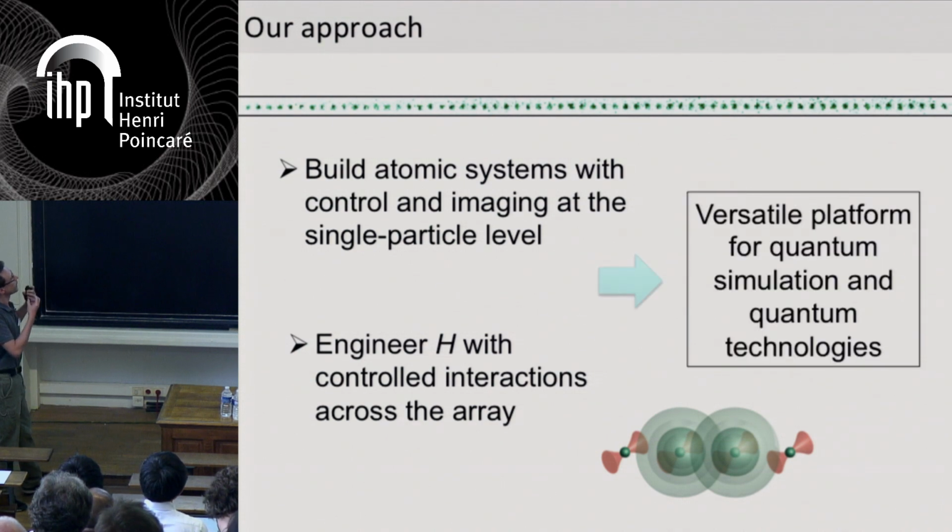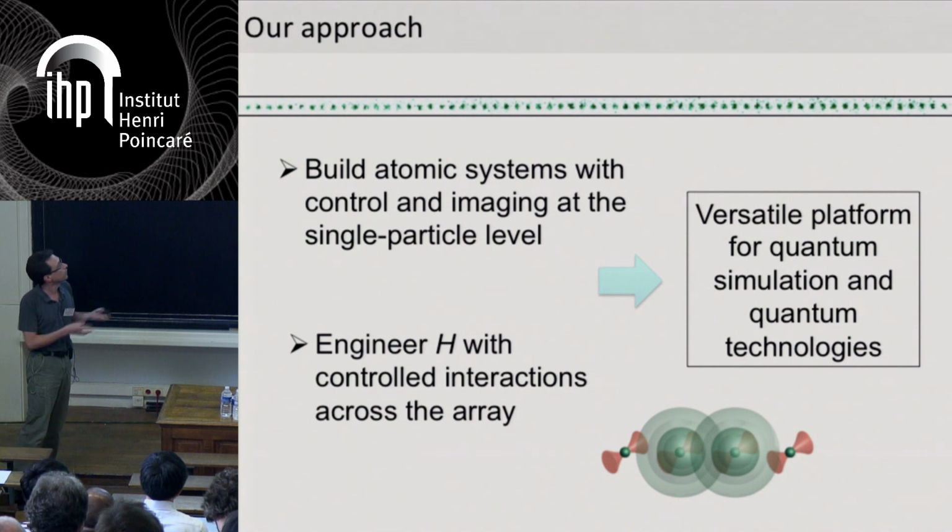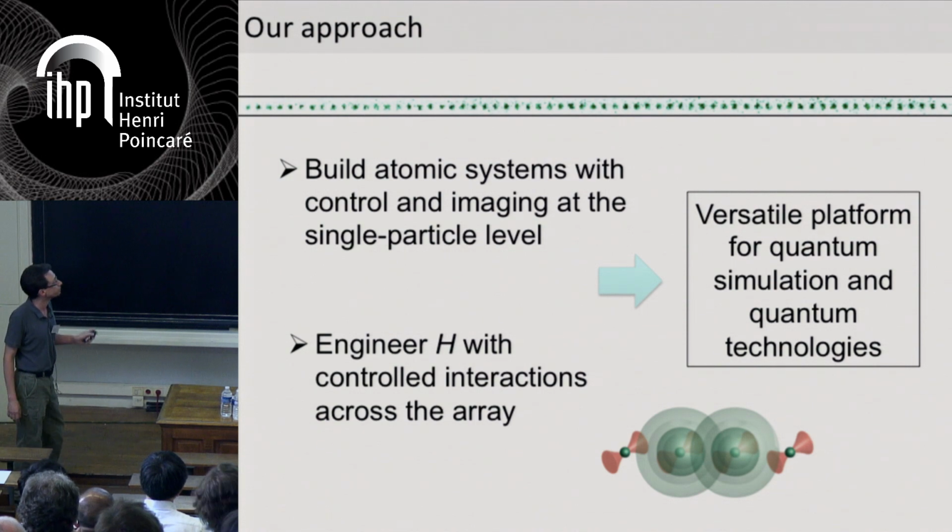And by mixing these 2 ingredients, I hope you will be convinced at the end of this talk, if not already by Jean-Michel Raymond's talk, that what we get with this approach is a versatile platform for quantum simulations and quantum technologies in general.